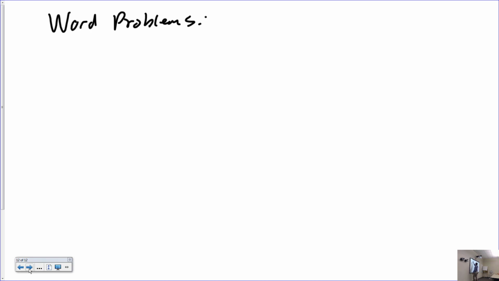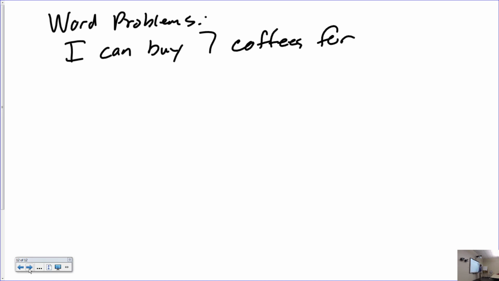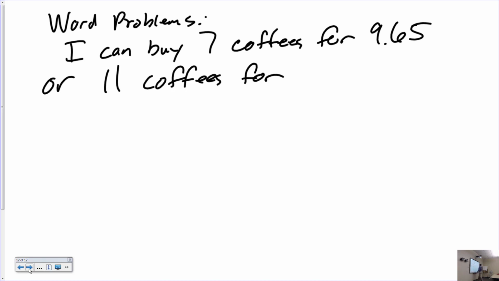All right, a couple of quick word problems, okay? So I can buy, let's see, let's make it weirder than that. Let's suppose I can buy 7 coffees for $9.65, or 11 coffees for, let's say, $13.98.